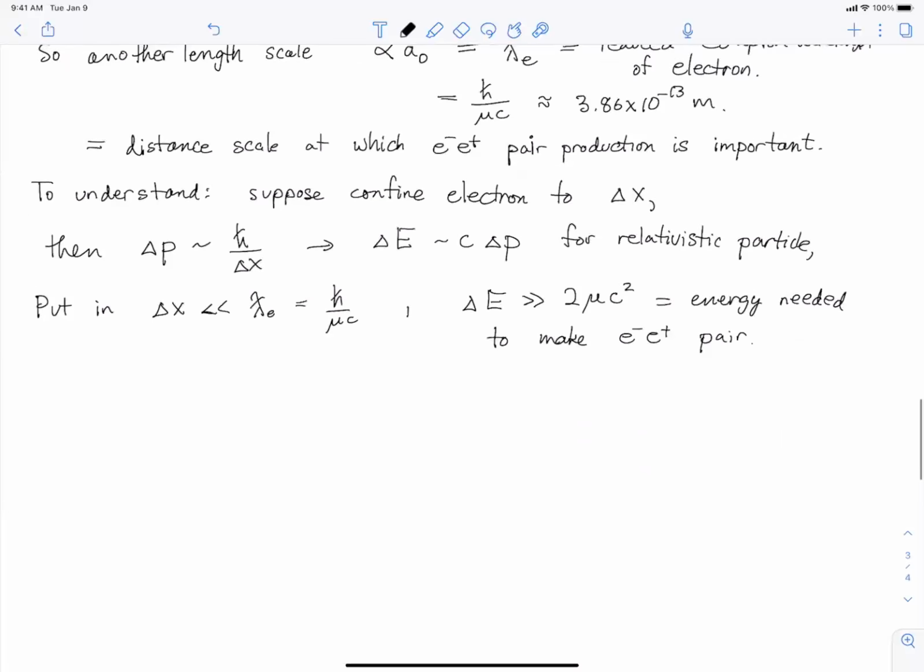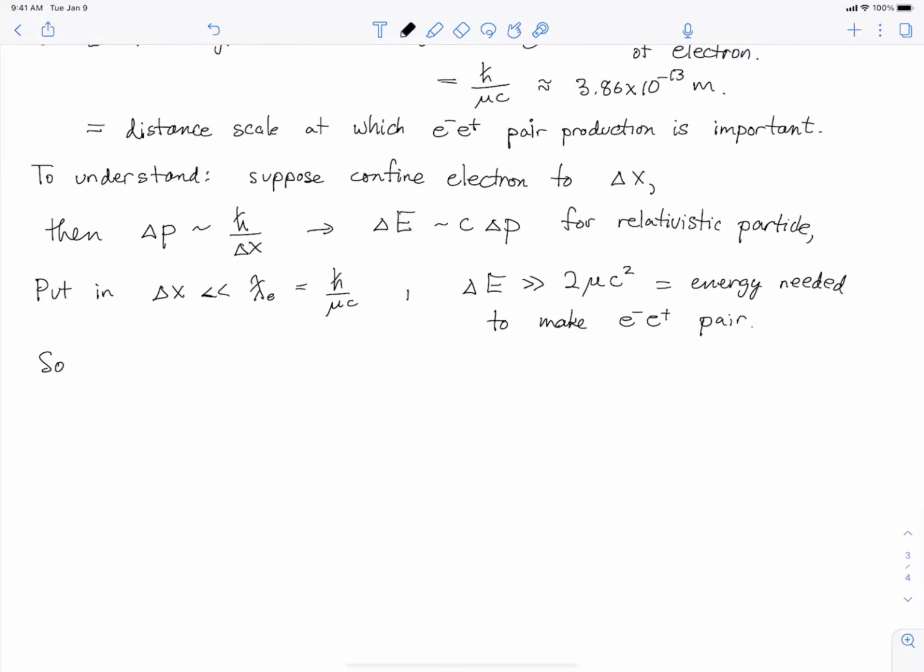So the interpretation of this is, if we try to localize an electron, meaning confine it to a scale smaller than the Compton wavelength, then the pair production of virtual positrons and electrons becomes important.